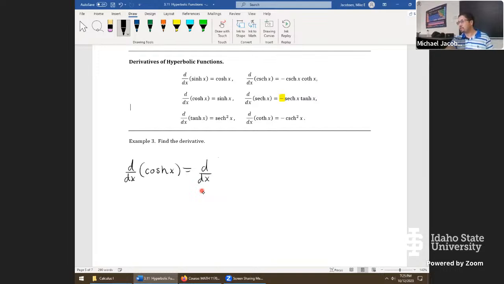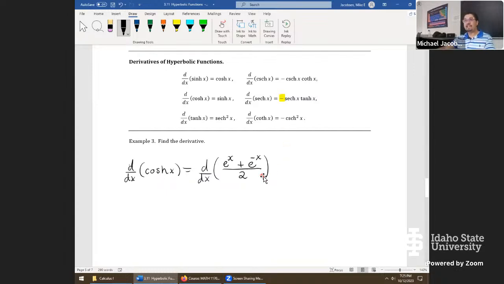The way this will work is we're taking the derivative with respect to x of, we need to put in the actual function, hyperbolic cosine. This becomes e to the x plus, because it's a hyperbolic cosine, e to the power negative x, whole thing divided by 2. So that's the thing we're differentiating.